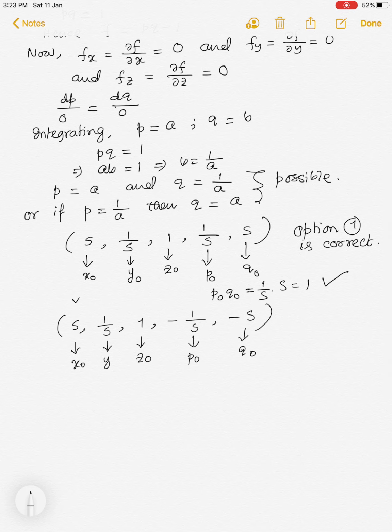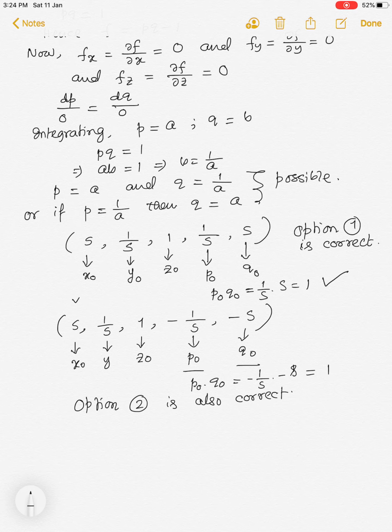Since the product of p0 and q0 is equal to minus 1 by s into minus s, which is equal to 1, hence option 2 is also correct.